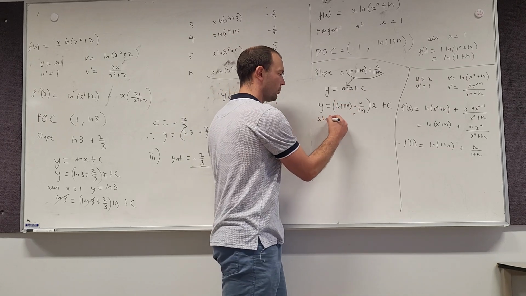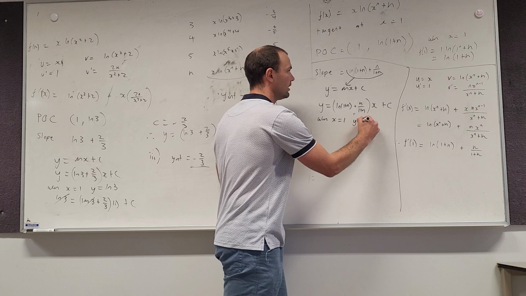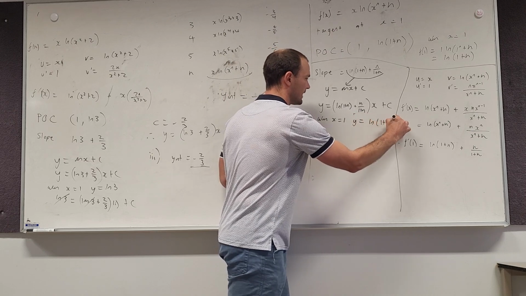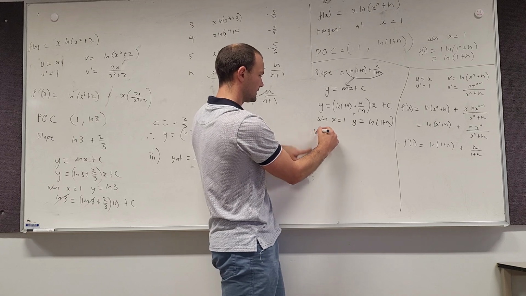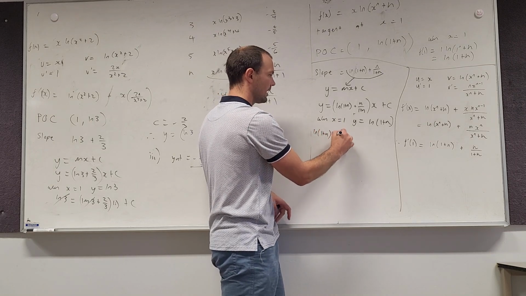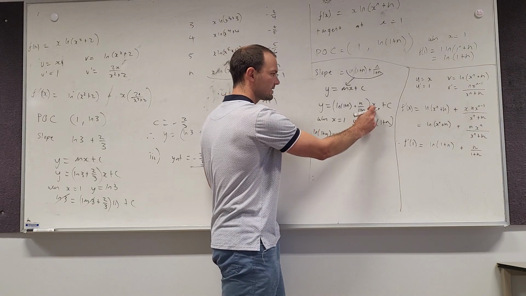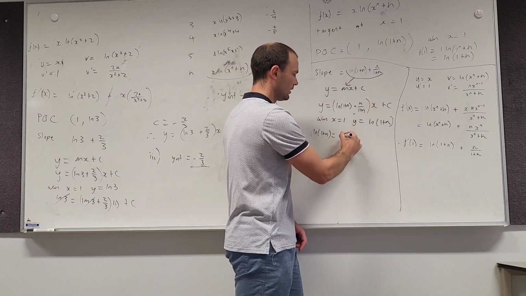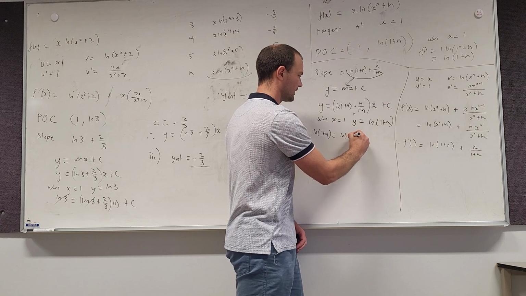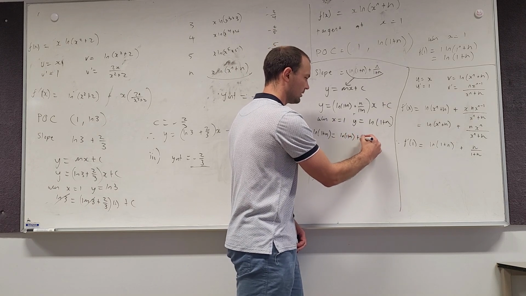And now we're putting in the point of contact. We've got when x is 1, y is ln of 1 plus n. So I'm going to put 1 plus n where the y is, ln of 1 plus n. And I'm going to put 1 where the x is. So because I'm putting 1 there, it's multiplying it by 1. This is just what it's going to become, right? ln of 1 plus n on 1 plus n.